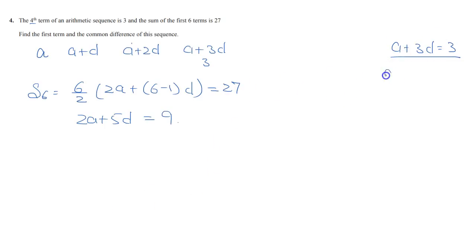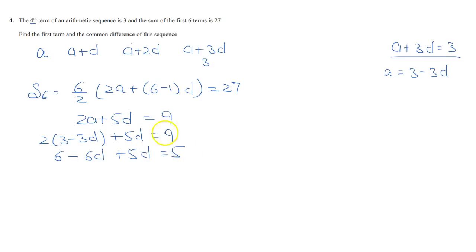So from this equation, A is equal to 3 minus 3D. We put this value here: 2 times (3 minus 3D) plus 5D is equal to 9. 6 minus 6D plus 5D is equal to 9.